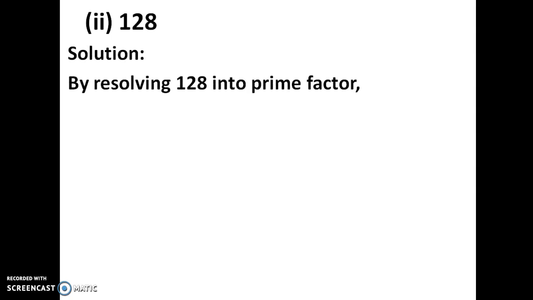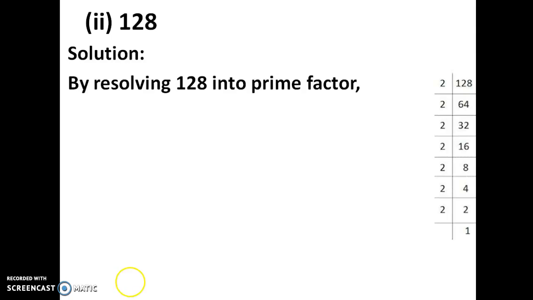Then 128. How should you solve? You should solve by prime factorization. Like this you have to factorize. 128 divided by 2 is 64. 64 divided by 2 is 32. 32 divided by 2 is 16. 16 divided by 2 is 8. 8 divided by 2 is 4. 4 divided by 2 you will get 2. 2 divided by 2 you will get 1.